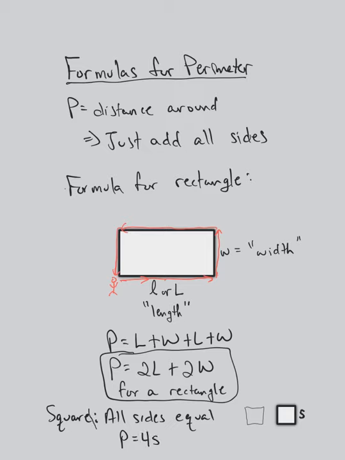So again, just remember that formula only applies for a square, though. But don't forget that general idea of perimeter, that with perimeter, we simply just add all the sides together. So if you're given a triangle, there's not a general formula for the perimeter of a triangle, but we just add the sides if we know all the sides are given to us.